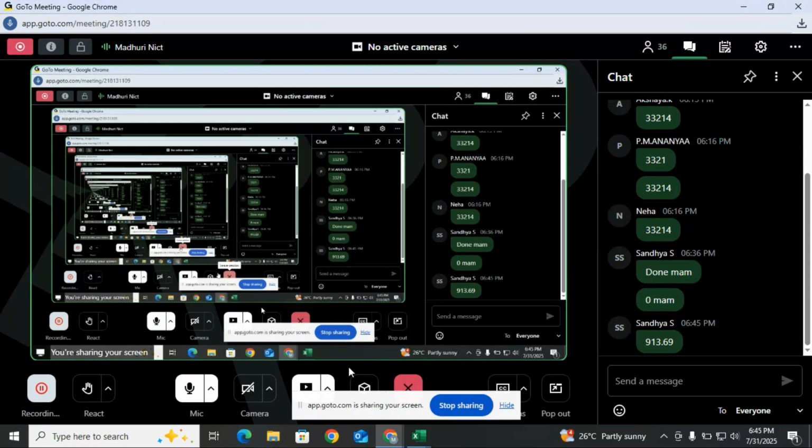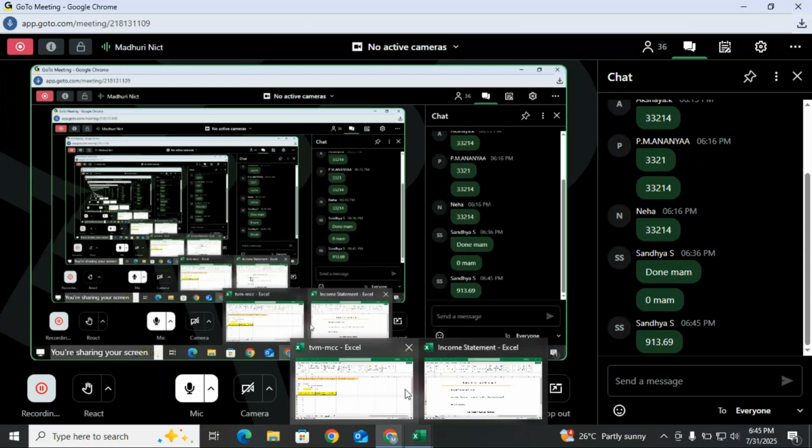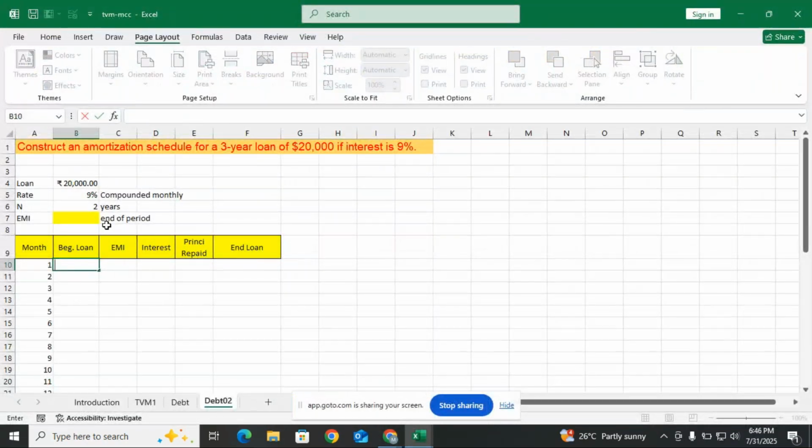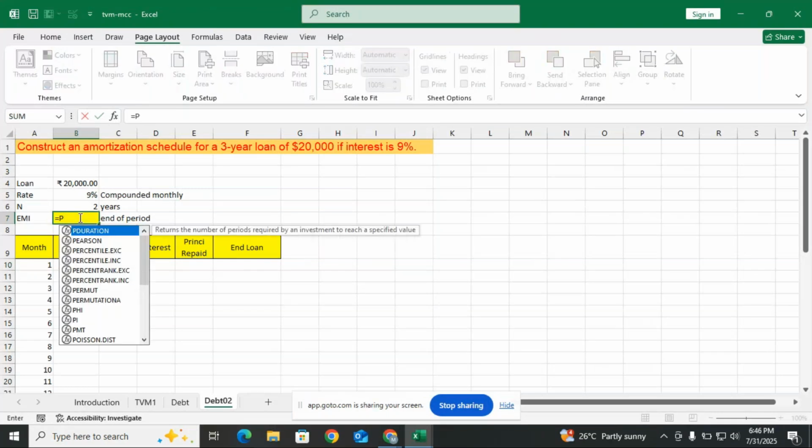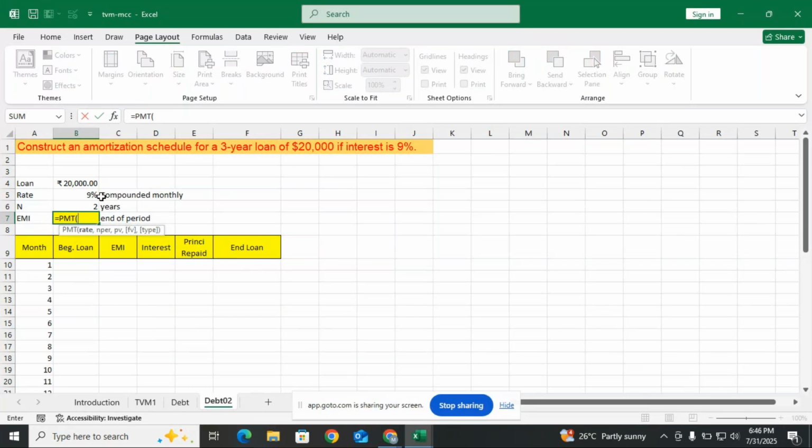It is 913.69, equals PMT. Rate is 9% divided by 12. Number of years, 2 years, 2 into 12.